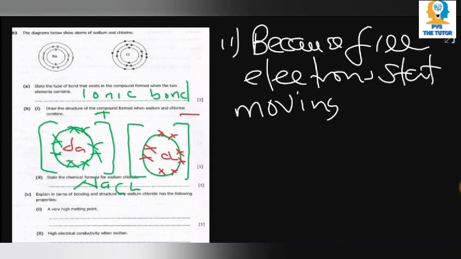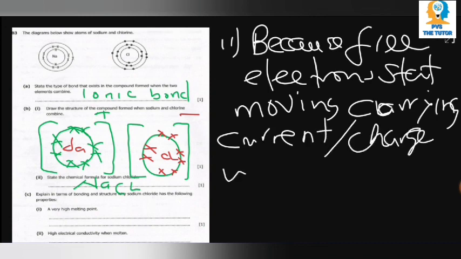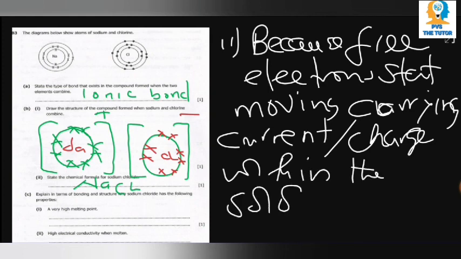So the mobility of the free electrons increases in such a way that current, or you can even say charge, moves within the solution. So free electrons are now moving, carrying current and carrying charge from one point to the other within the solution, and that makes ionic compounds conduct electricity, e.g. sodium chloride. That's an ionic compound.